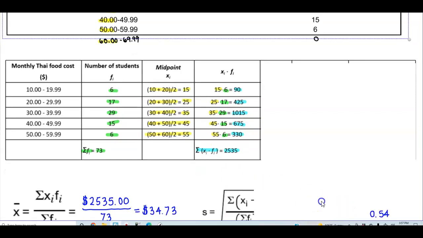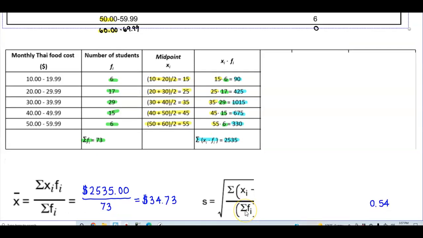So to find the mean, we take the numerator, which is the sum of the last column, 2,535, and divide that by the sum of the frequencies, which is 73. Therefore, we get the mean of 34.73. Now this gives us the sample mean.